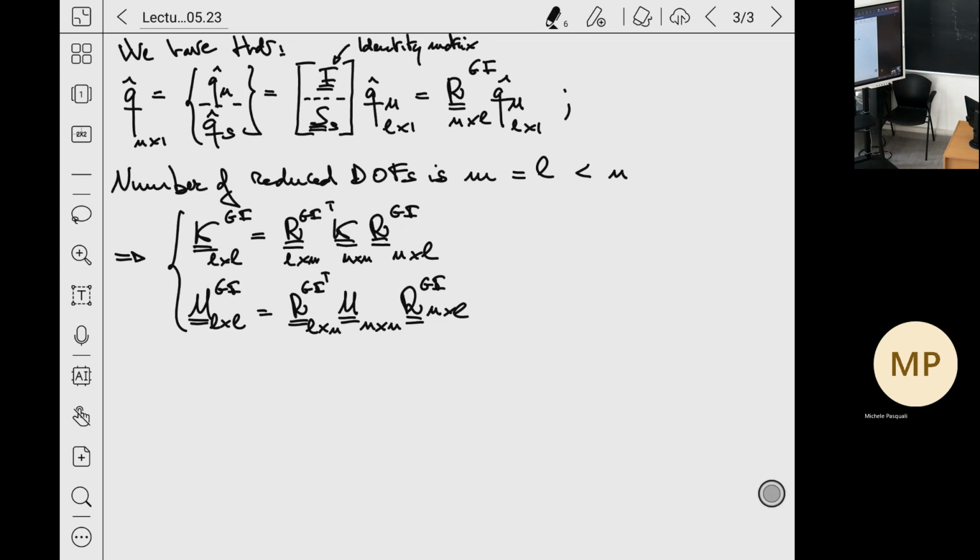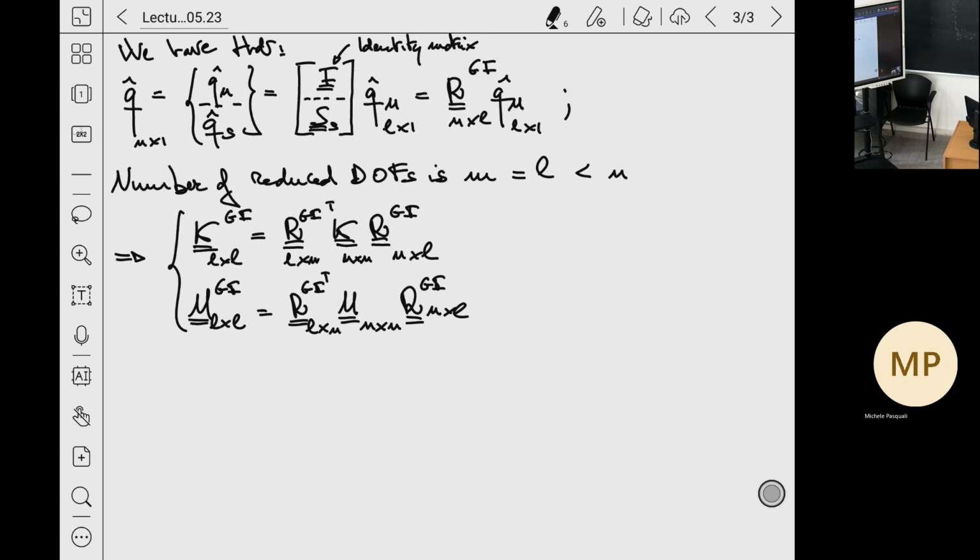Very simply put. Now, the idea, what is it? The idea is that sometimes this kind of reduction can be too harsh. That you cannot avoid losing so much information. For example, because the dynamics of the slave nodes somehow falls, at least in part, within your frequency bandwidth of interest. Okay?